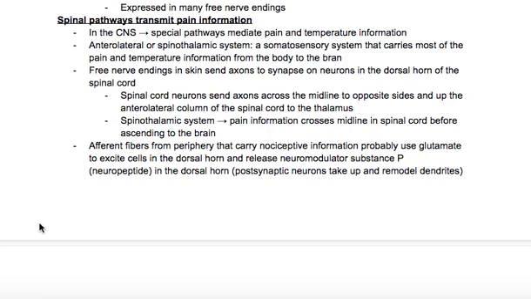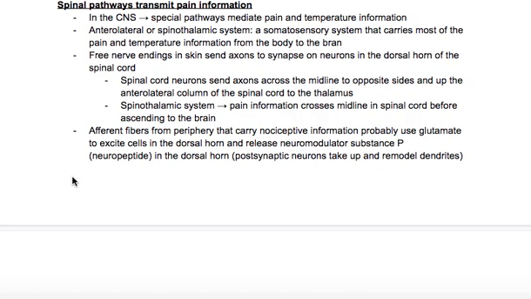These spinal cord neurons send axons across the midline to the opposite side and up the anterolateral column of the spinal cord to the thalamus. In the spinothalamic system, pain information crosses the midline in the spinal cord before going to the brain.